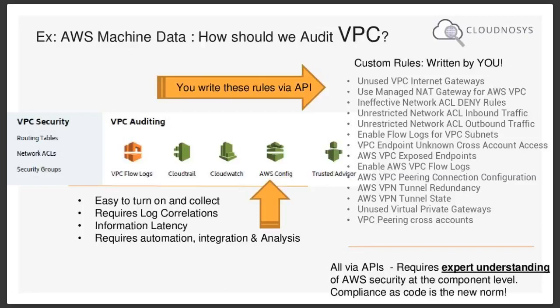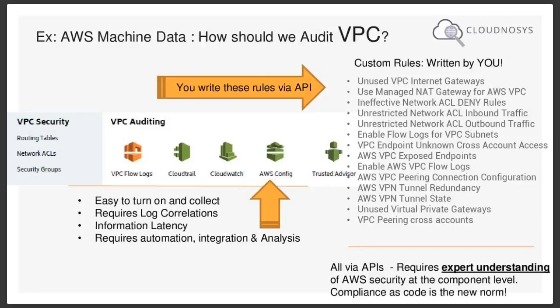It doesn't take that much effort. It's easy to turn on. It does require log correlation. It does require setting up alarms and logs and so on. I actually have a slide on that which talks about this. And it requires some automation, but it requires integration and analysis, of course. So that's something that you should be doing as part of your activity.